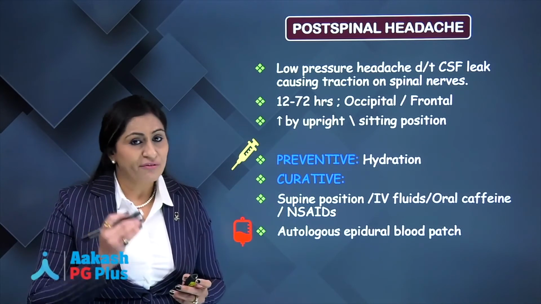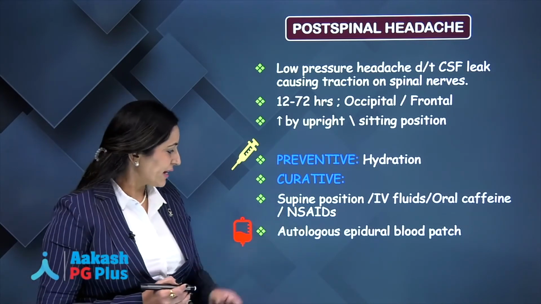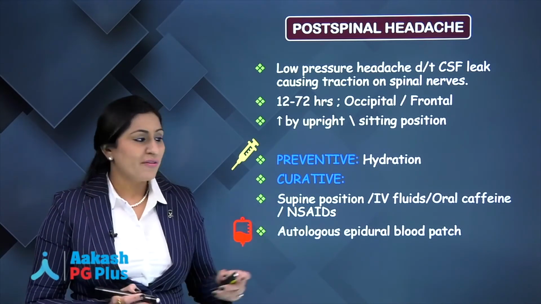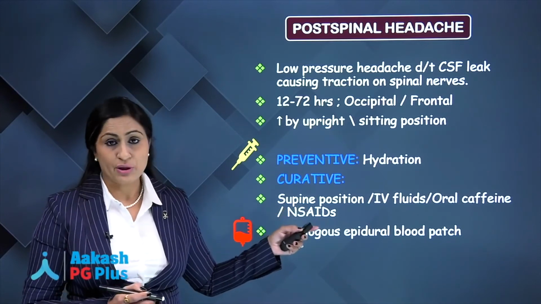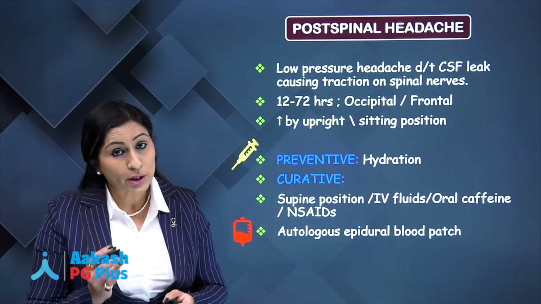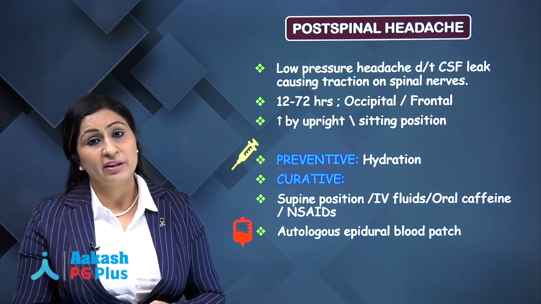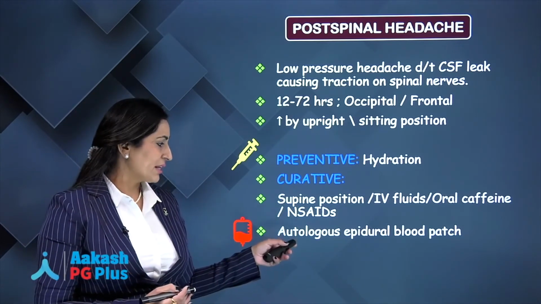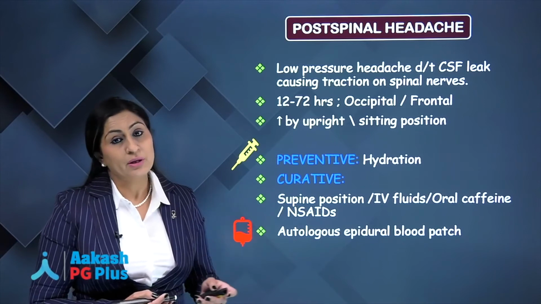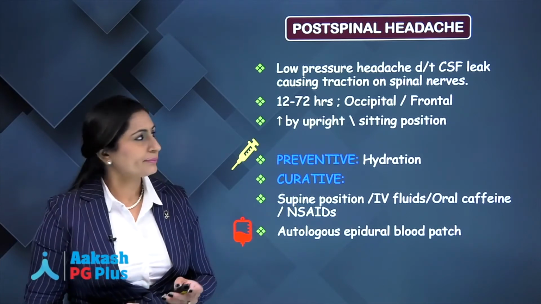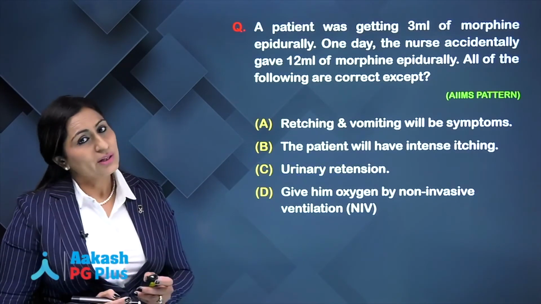Give oral caffeine to the patient, give NSAIDs, and even after doing this for 3 to 4 days, if the patient is not happy, not getting relieved, the definitive treatment is then giving an autologous epidural blood patch. Moving on to the next question.